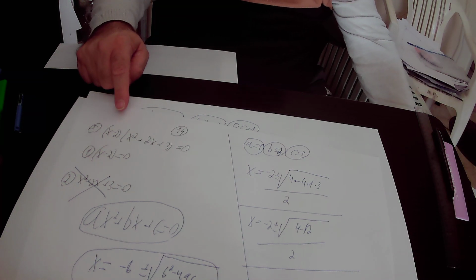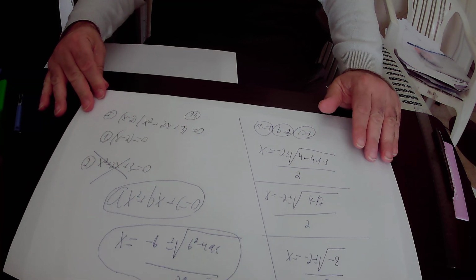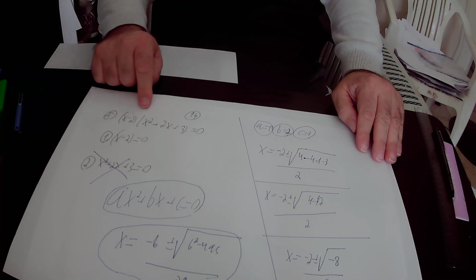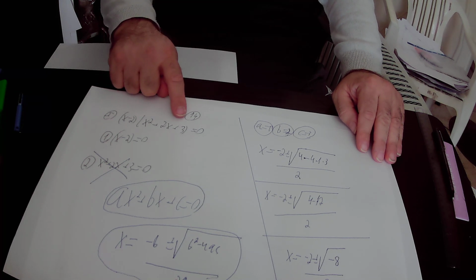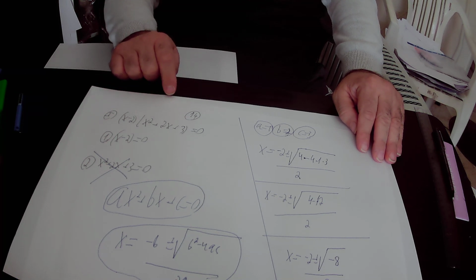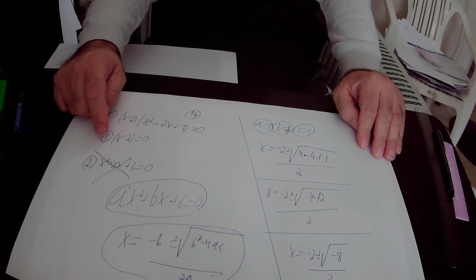Here we have two possible solutions to equation number 1. Either x minus 2 will be equal to 0, or x squared plus 2x plus 3 will be equal to 0. Then we focused on the second solution, that x squared plus 2x plus 3 equals 0.